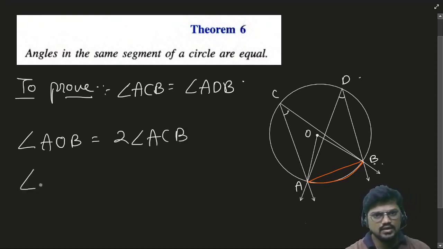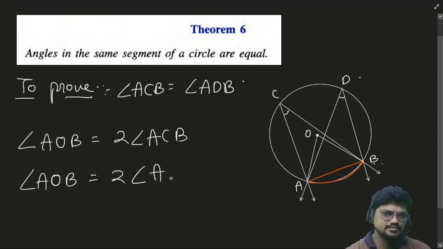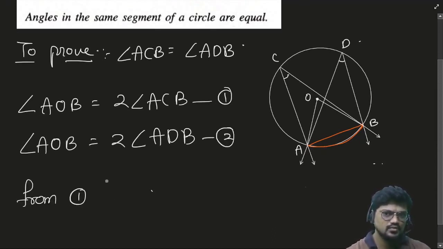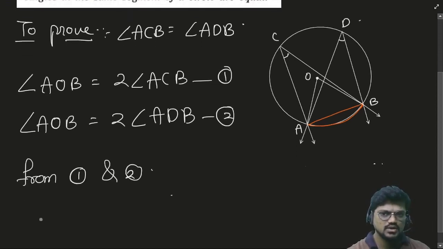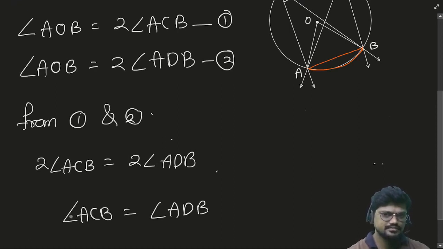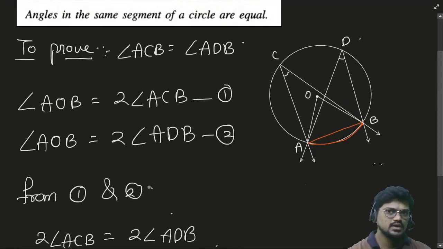Also, angle AOB is twice of angle ADB. So if this is 1 and this is 2, from 1 and 2 what can I say? Twice of angle ACB will be equal to twice of angle ADB. The 2 and 2 get cancelled. Angle ACB will be equal to angle ADB. That's it. Hence proved. Clear?